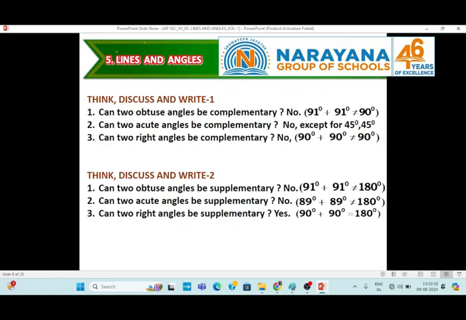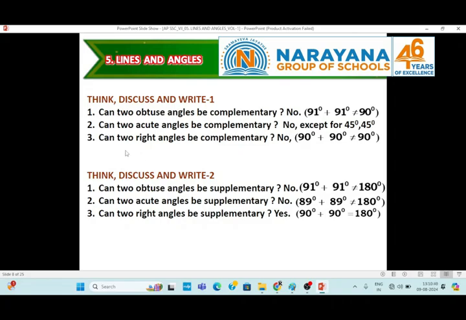Though you have many satisfying examples, one counterexample is enough to declare the truth of the statement. Therefore, can two acute angles be complementary? No. There are several examples, not only 45 and 45, as I said just now.